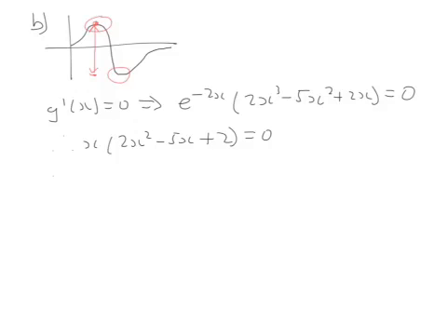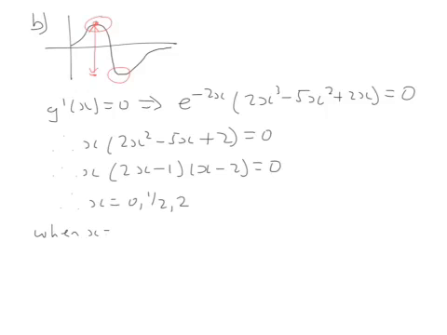X is a factor, so we're left with 2x minus 1 and x minus 2 equals 0. So therefore x is 0, 1 half, or 2. So this point here is 0, this point here is a half, this point here is 2, so the range is between x equals a half and x equals 2.